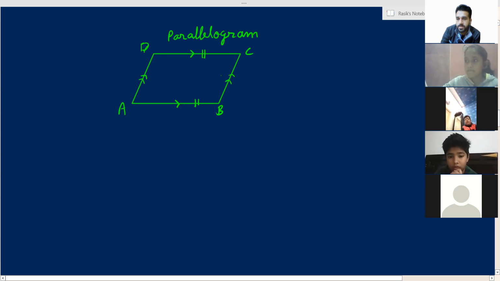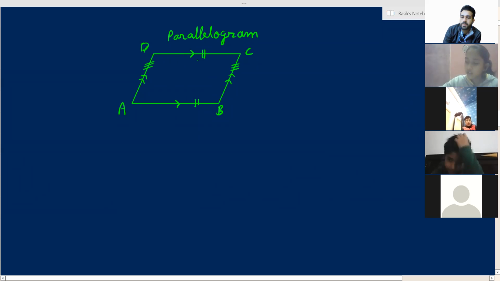Look at the figure. Can you all see it? And here I put 3 cuts, 1 2 3, and here also 1 2 3. So that means BC is equal to AD. The side BC of the parallelogram is equal to the side AD. That is what this means.